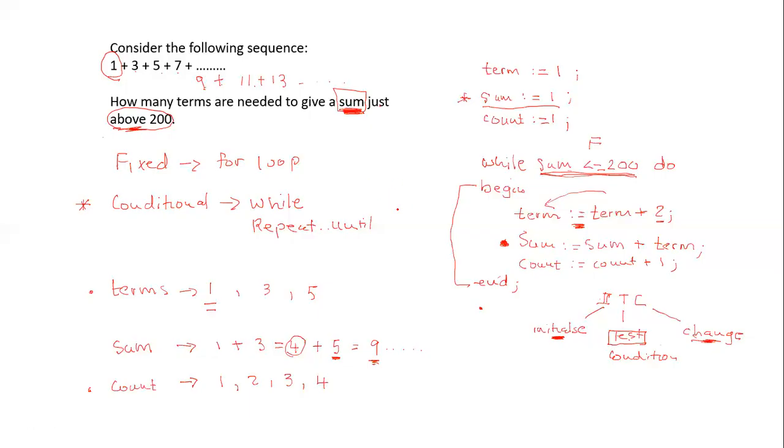The same problem could be solved using a repeat until, and a repeat until works a bit different compared to a while loop. With a repeat until, we start with repeat and we end with the until, and we put in our condition.